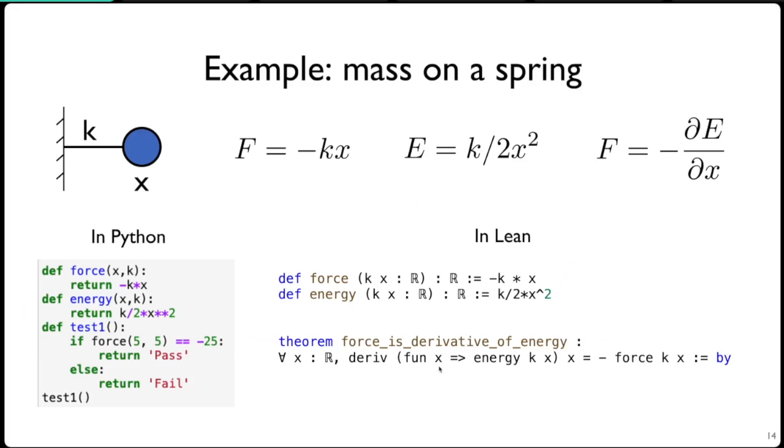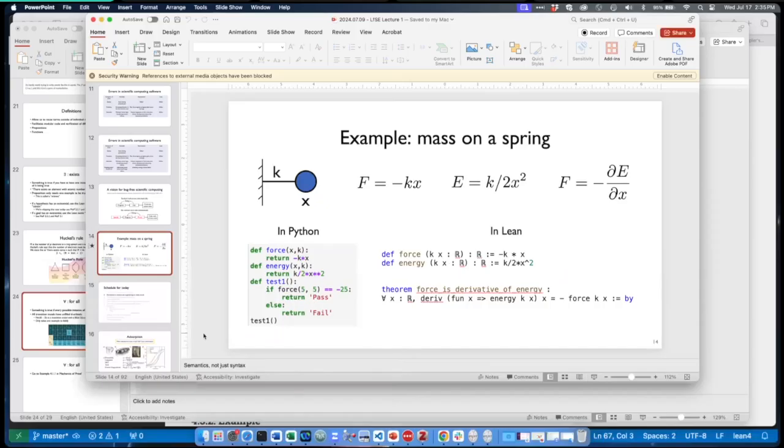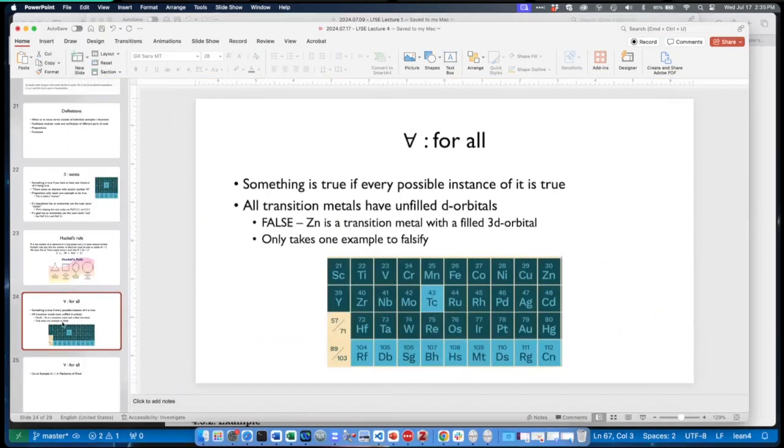Lean told us you're not actually going to prove this for all values of x because it doesn't hold at x equal to 0. And we're like, well, okay, got it. It's not like I encounter distances of 0 in a practical molecular dynamics simulation, but it's telling me when the math doesn't hold. And that's why I think this is particularly useful and curious. It only takes one example to falsify a for all statement. That's how powerful it is.